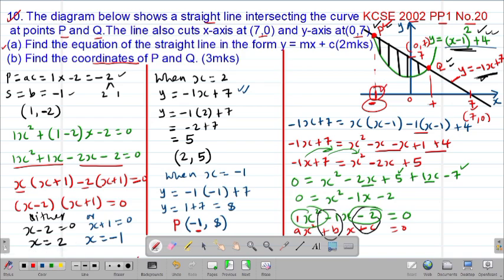Then Q is likely to have a positive value of x, and the coordinate having the positive value of x is this one here. Therefore, this is the coordinate of Q. Therefore, we were required to find the coordinates of P and Q. So Q is 2, 5, then P is negative 1, 8.